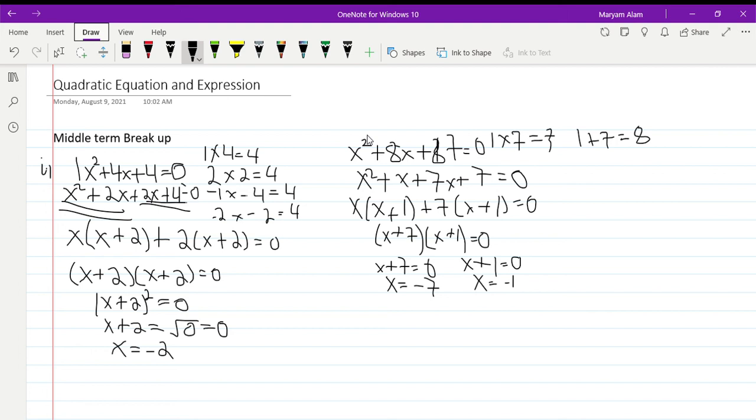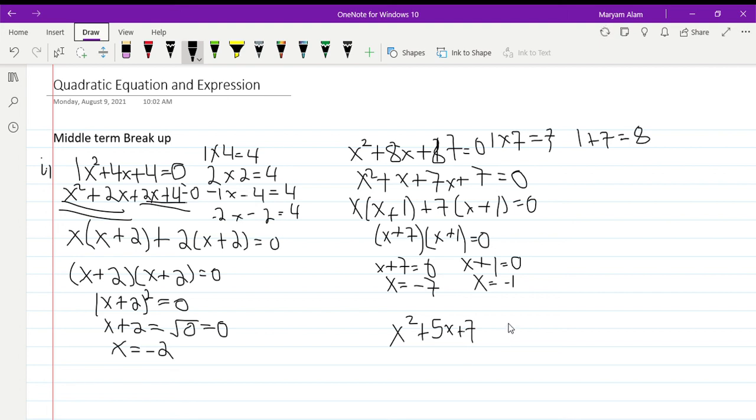So this is our example that I have solved to clarify the concept of middle term breakup. But in some scenarios, it is impossible to do middle term breakup. That means if I get x squared plus 5x plus 7, there is no way that I can break up 5x in such a way that it will multiply to 7.